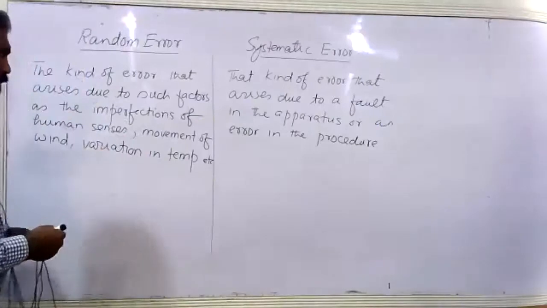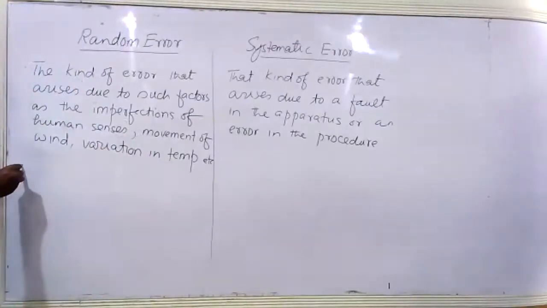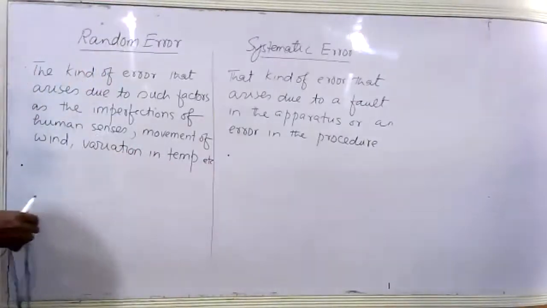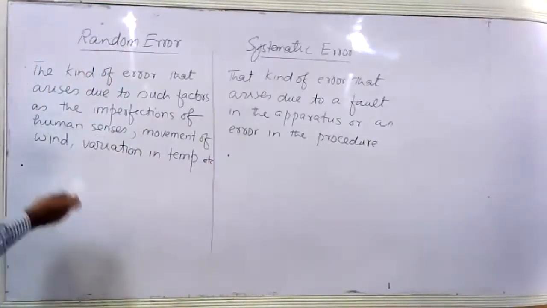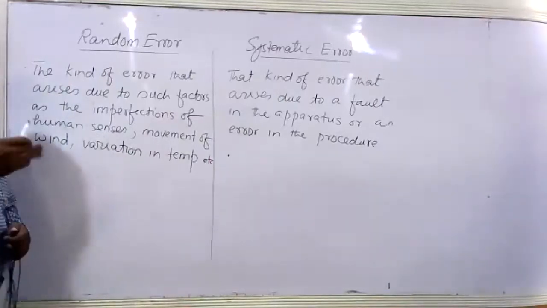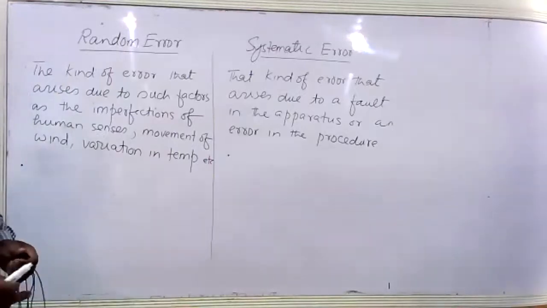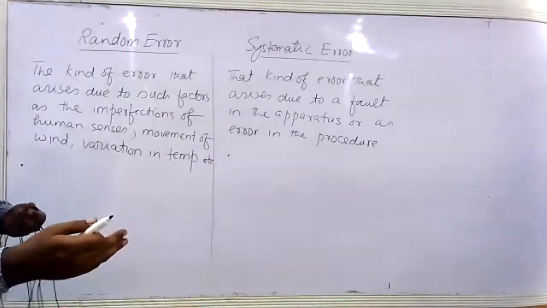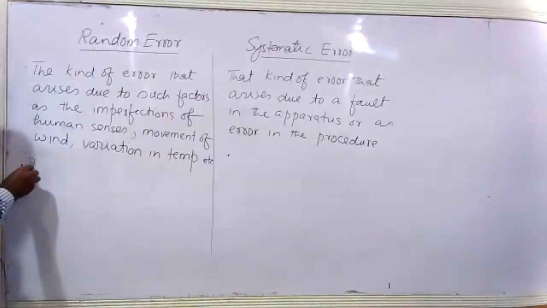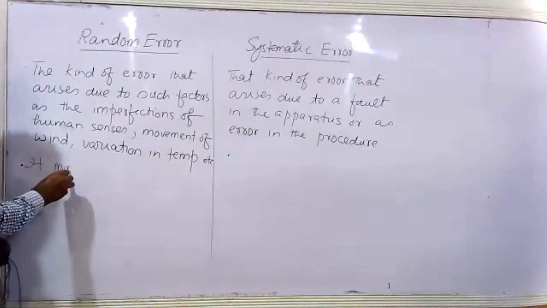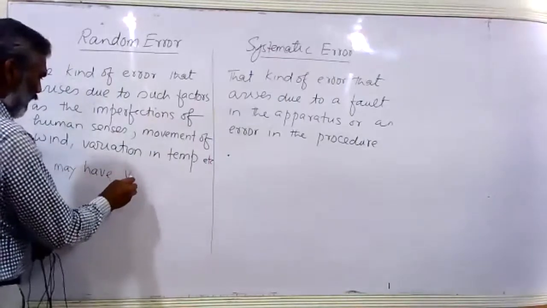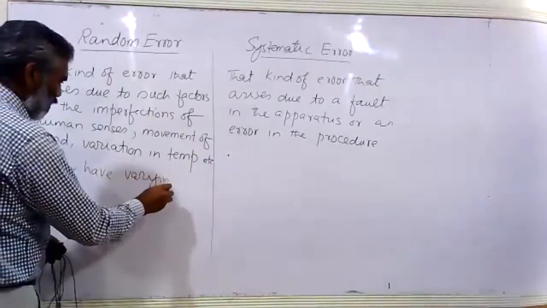So if we compare it further, that is actually the next part that makes the comparison even more interesting and more meaningful. The random error may have different magnitudes. It might be larger in one measurement, it might be smaller in the next one. So it may have varying magnitudes.